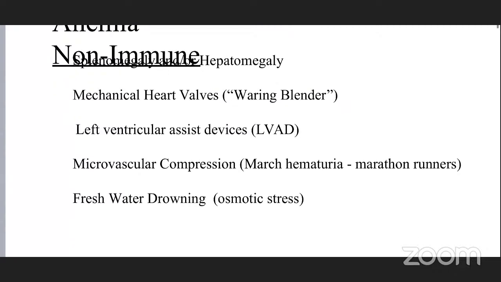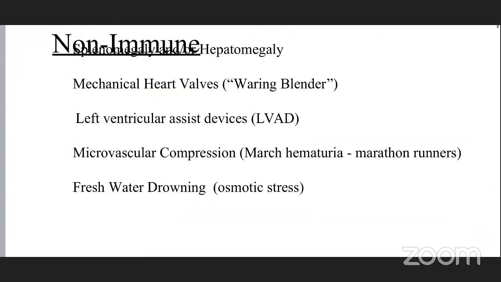Also if there is any left ventricular assist device, and also in microangiopathic anemias, like march hemoglobinuria or marathon runners, and also fresh water drowning, osmotic stress can cause this type of anemia.